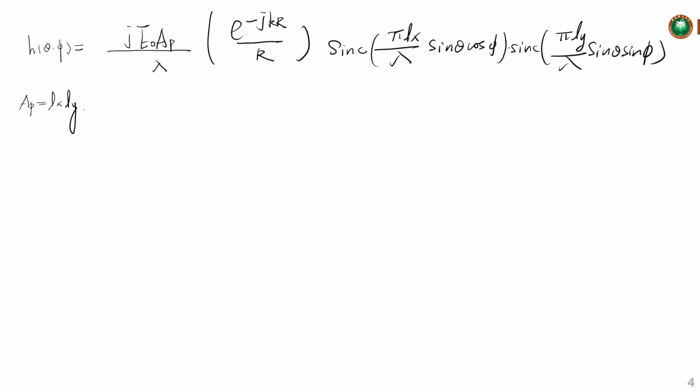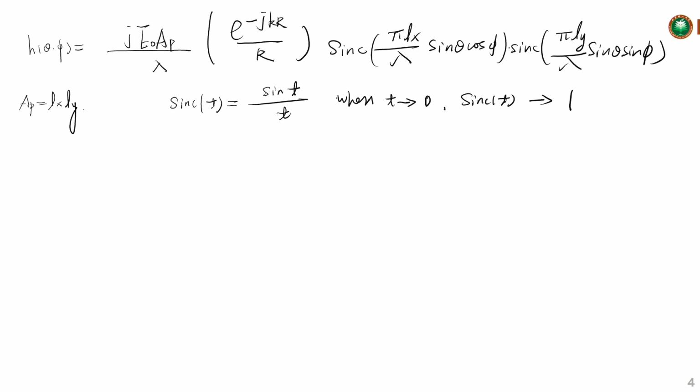The sinc function, for example, sinc t equals sin t divided by t. It has a property that when t tends to 0, then sinc t tends to how much? 1, yeah. Tends to 1 here. So this is going to be used later.